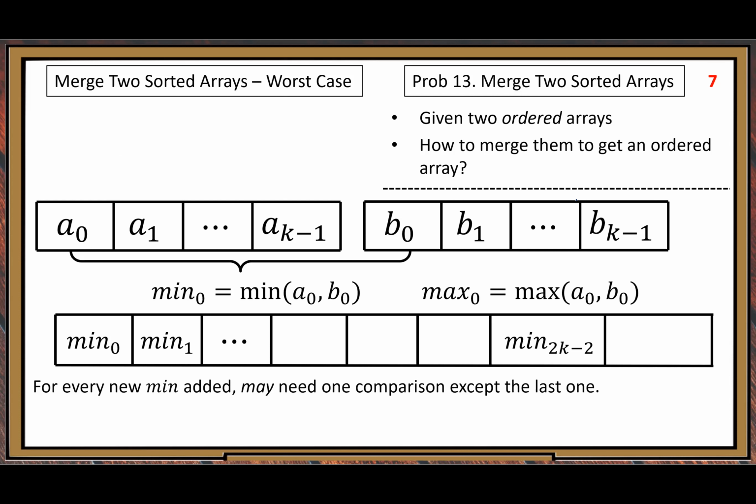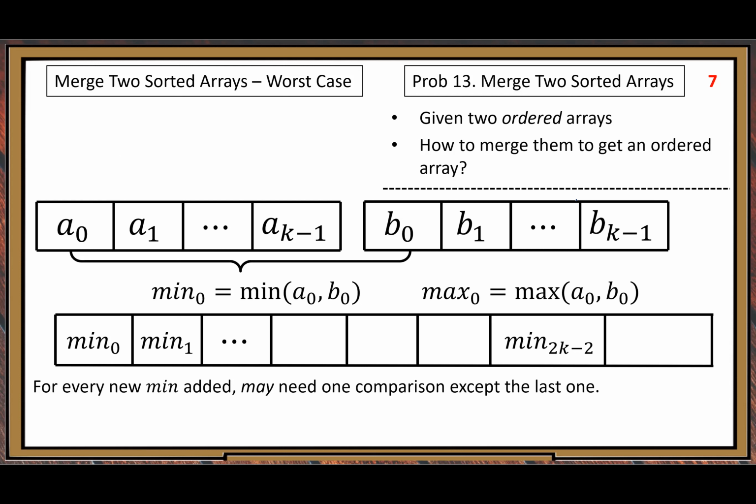When we have one last element left, we just put it in the last position. No comparison needed, because only one element is left. We just put it in place immediately.